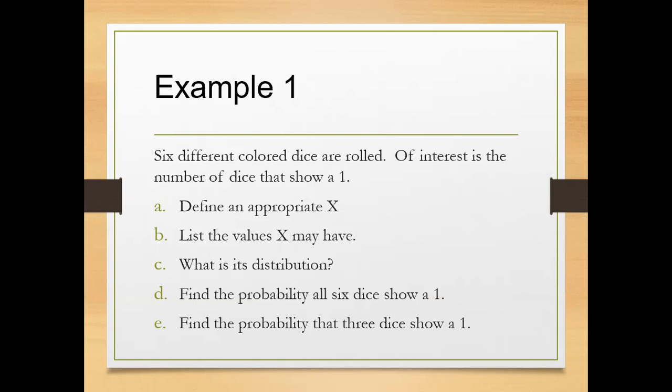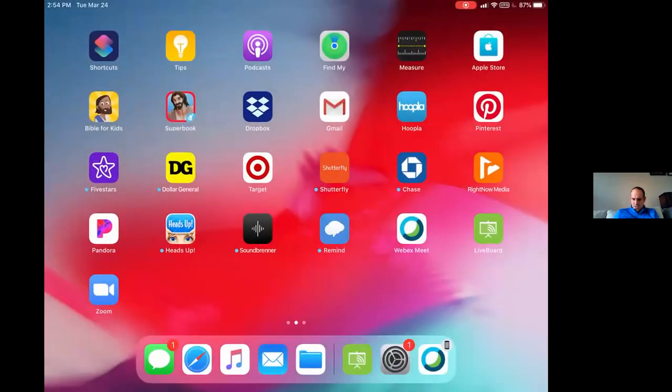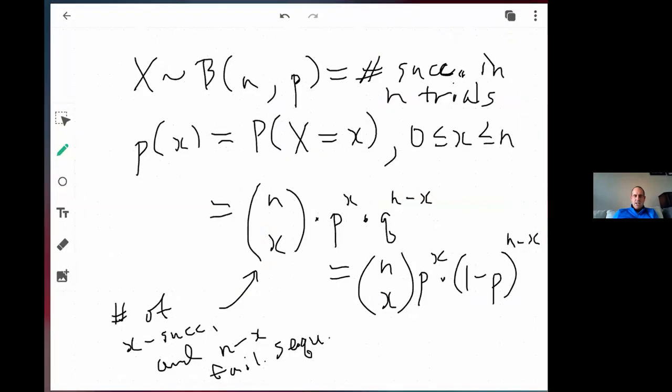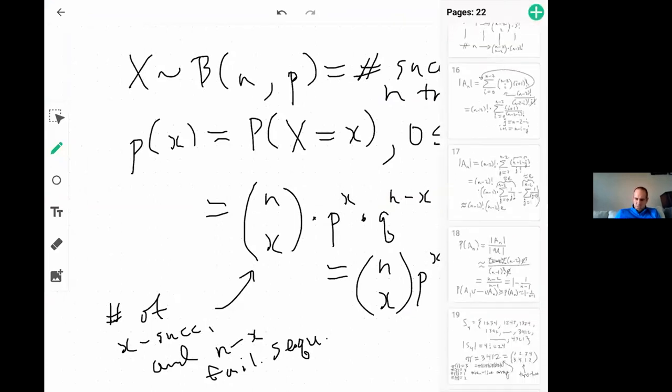So I'm going to go over into my iPad so we can do a little bit of computation. Okay, here we go. Here's our board. We already determined that this was the binomial distribution, so let's keep going here.